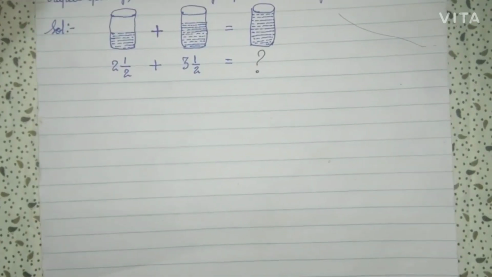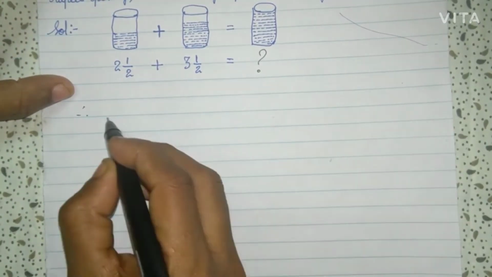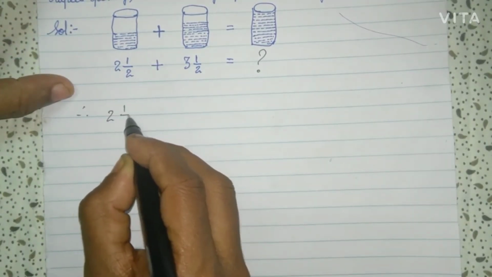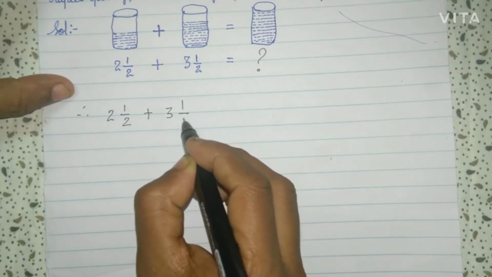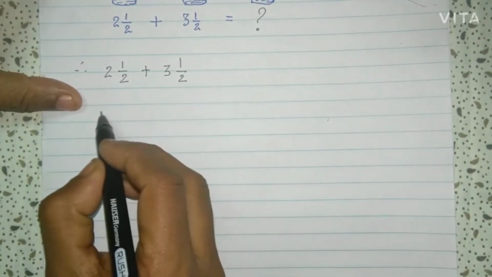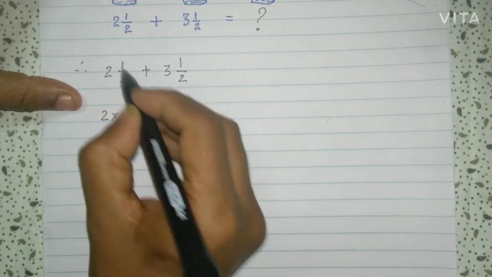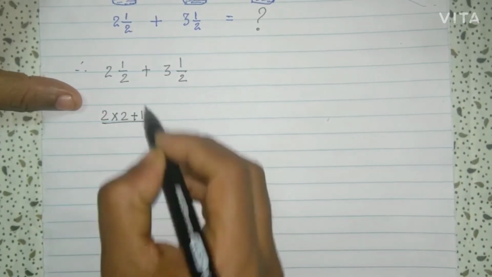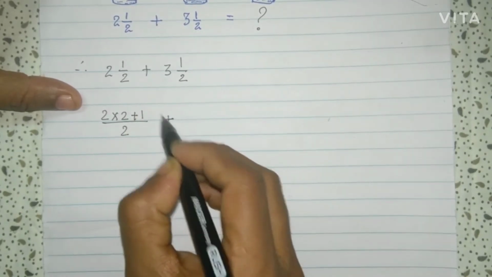So let's see. First of all, we will add this. So 2 1 upon 2 plus 3 1 upon 2. As we do the solution, 2 2s are, and this one plus, then back to denominator 2, then this addition.